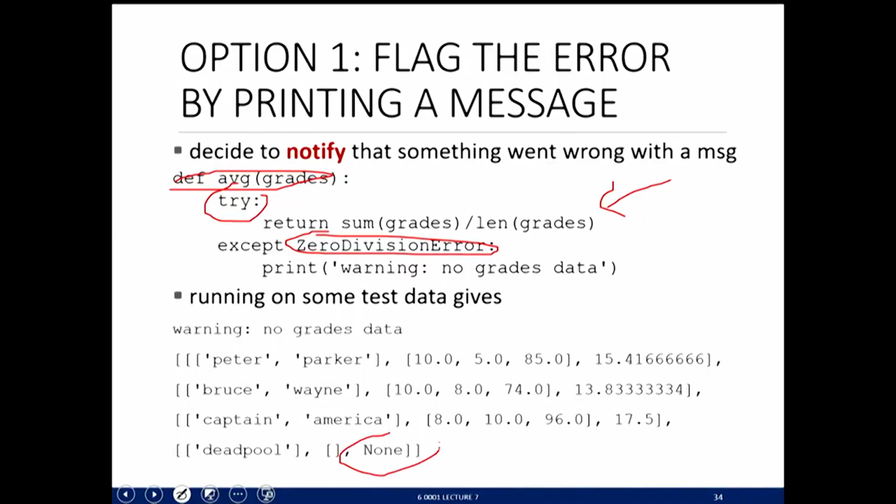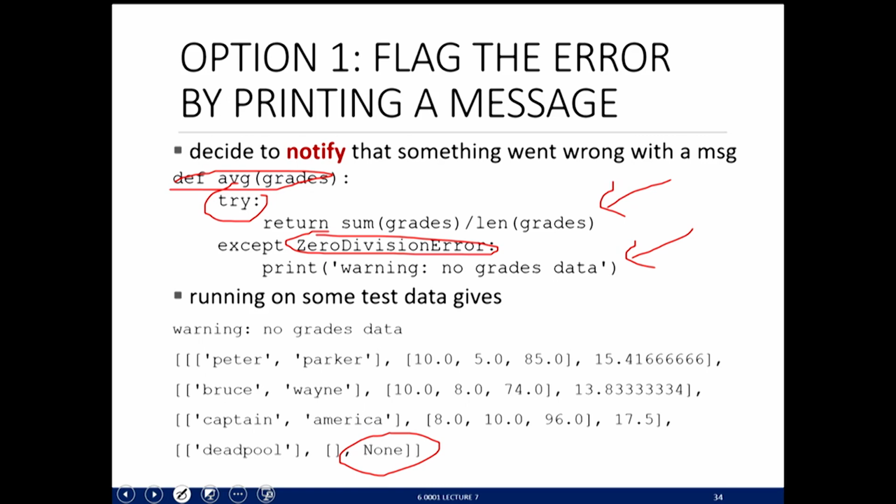And we're going to get this none here for the grades. Okay? So everyone else's grades was calculated correctly. And for this last one, we got a none. That's because when we entered this except statement, right, if this is a function, remember functions return something. This function in this particular except statement didn't return anything, right?